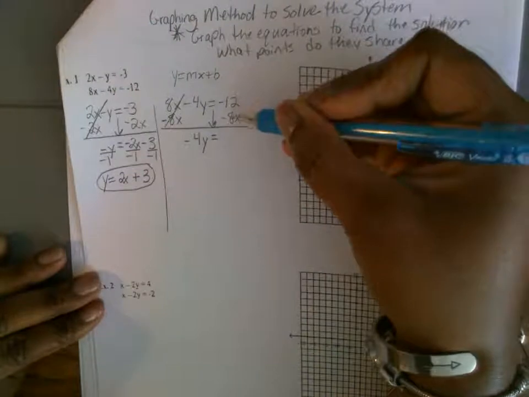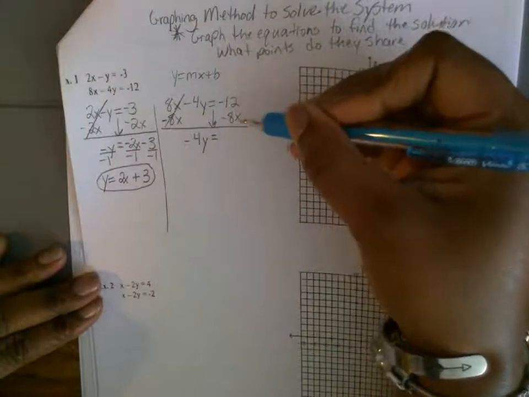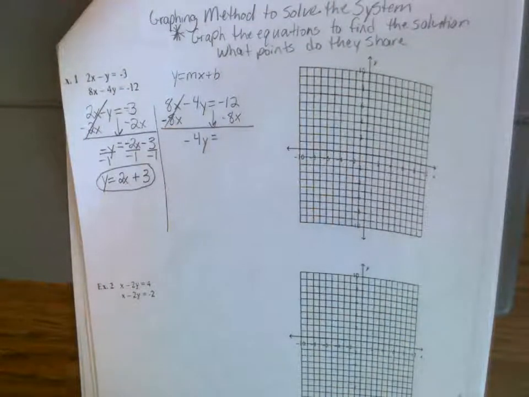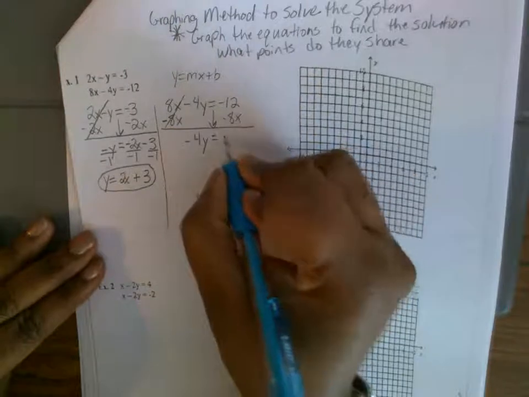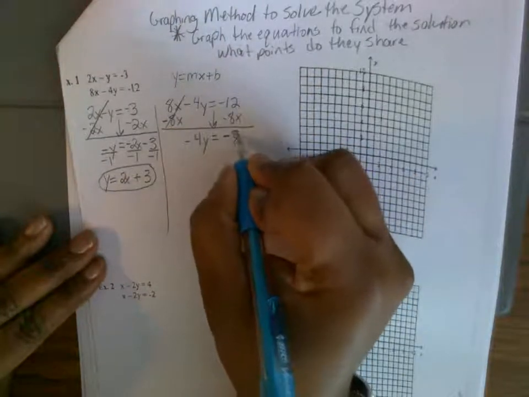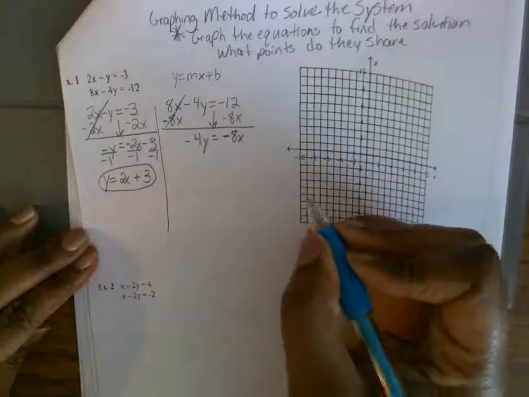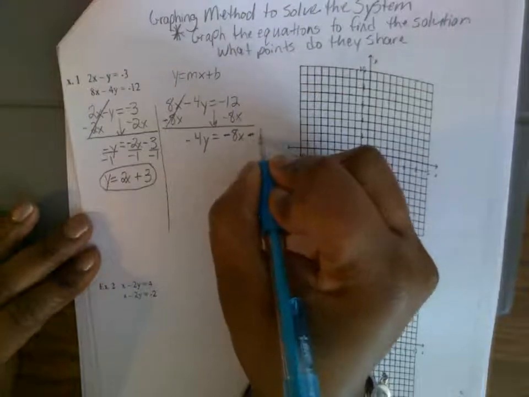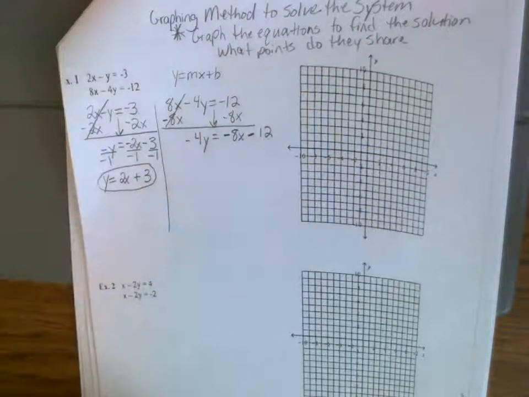You can't combine these terms here because they're not alike. So bring them both down. Doesn't matter which one you bring down first, okay? I'm going to bring down the negative 8x or minus 8x and the minus or negative 12.